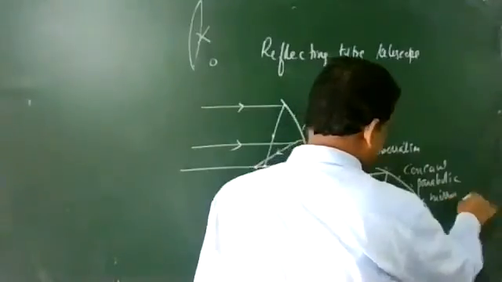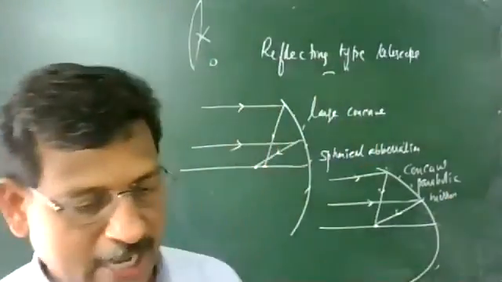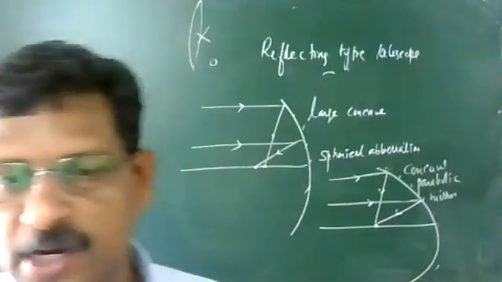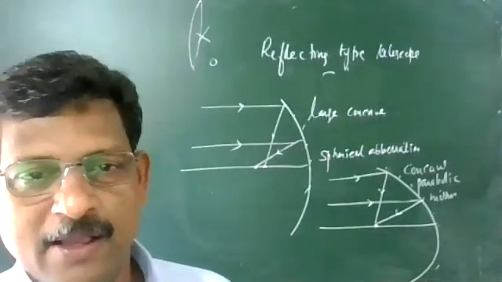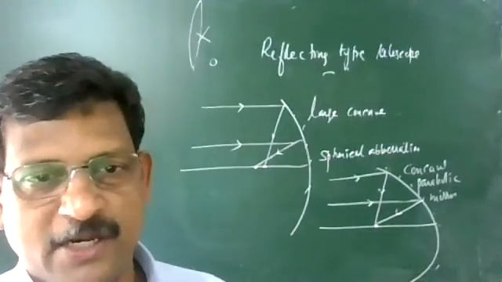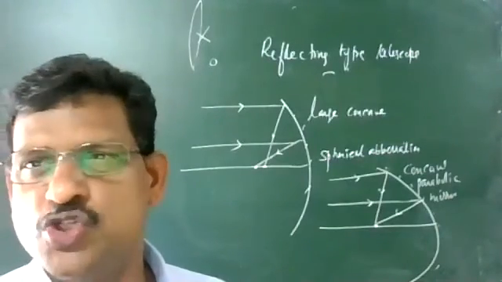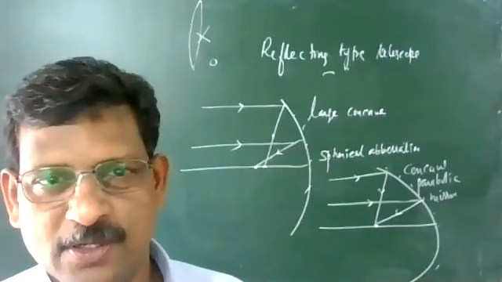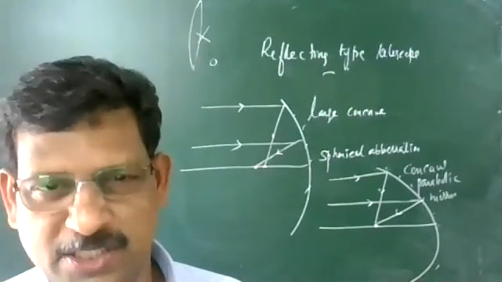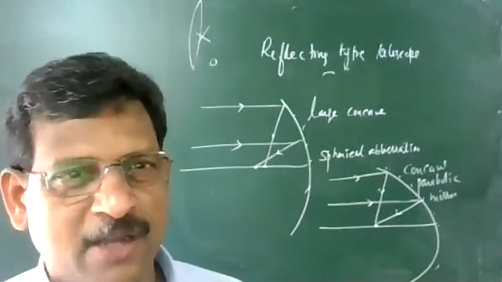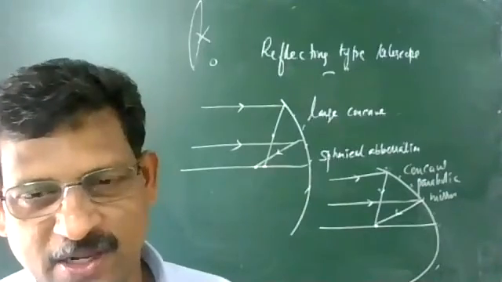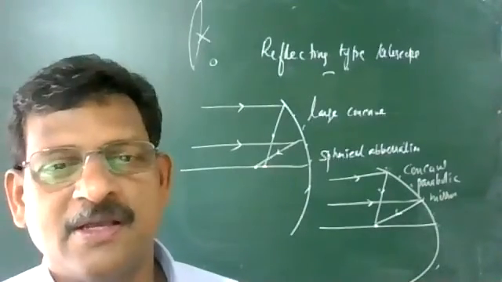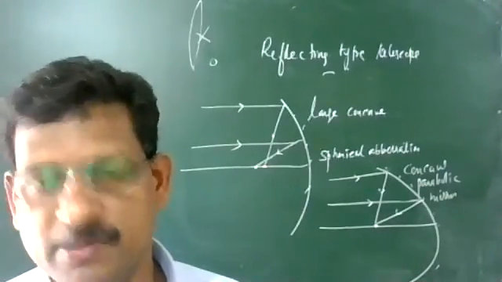Spherical aberration can be minimized, reduced to nil. And since the image is formed by reflection, there will be no color change in the image. So the chromatic aberration that used to take place in the lens is not there in this concave parabolic mirror.